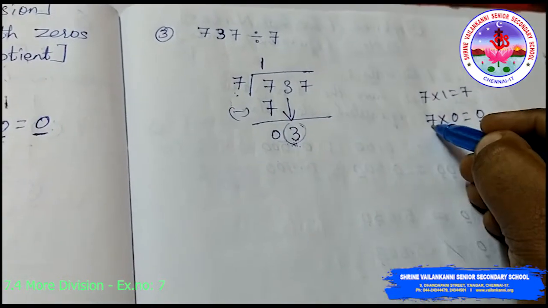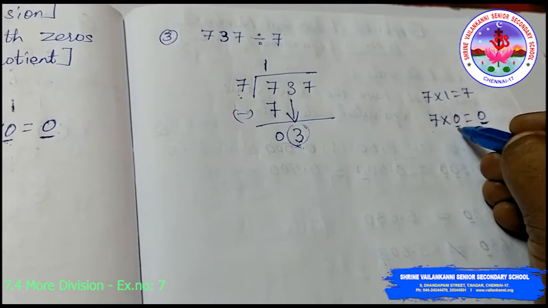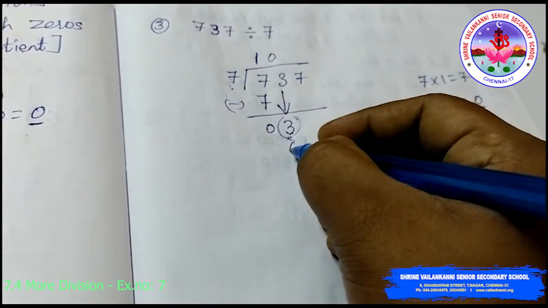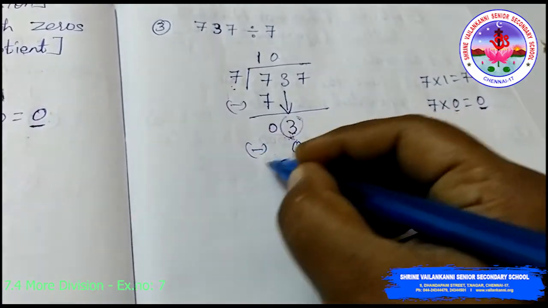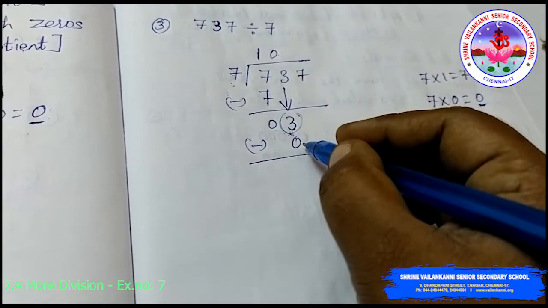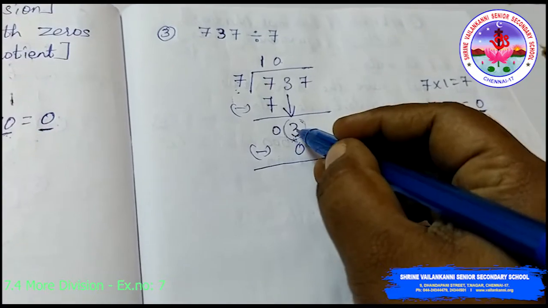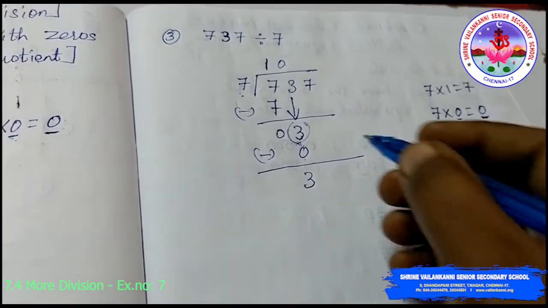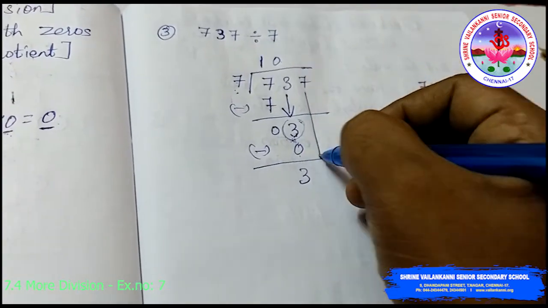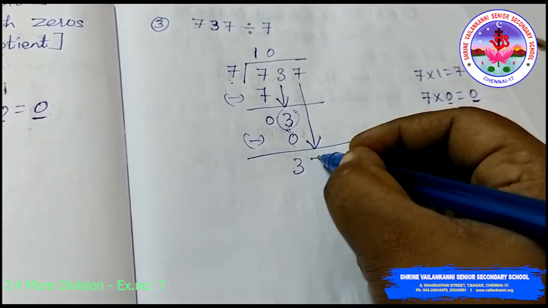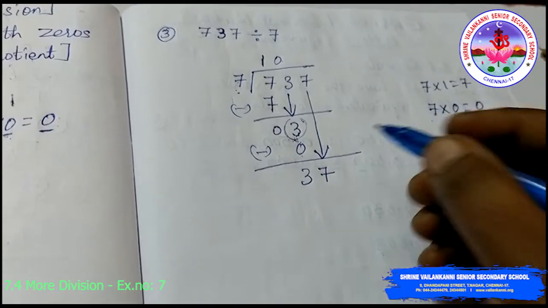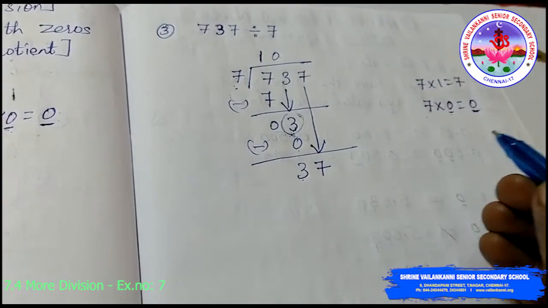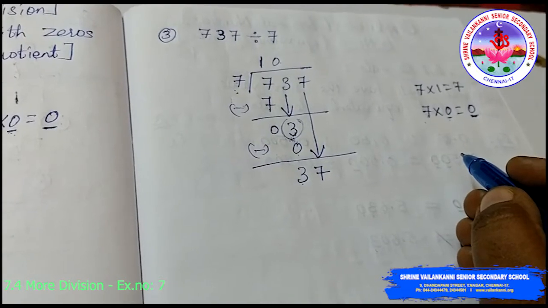So 7 into 0 gives 0. Now it has been divided. So 3 minus 0, you will get 3. Now bring the next value from the dividend, 7, down. Now it is 37. How many times will you get 37 in the 7 table?